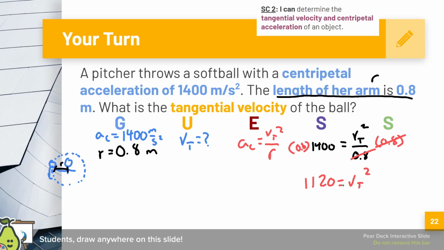So I'm going to go ahead and do that. So we square root that number and we get an answer of 33 point, I'm going to round it, 5 meters per second. And that's it. So that's how you do those types of problems. That should help you on a portion of the worksheet.